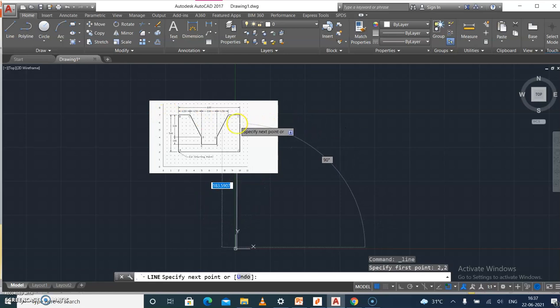So again specify the point. First, ortho is on.